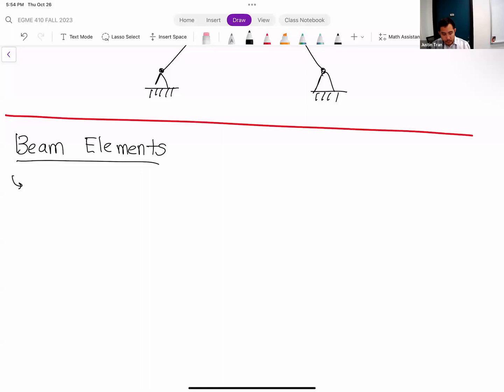More explicitly, a beam element is a structural element that is capable of transverse displacement and rotation.